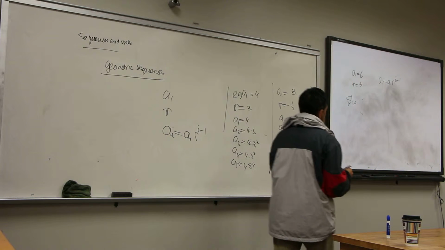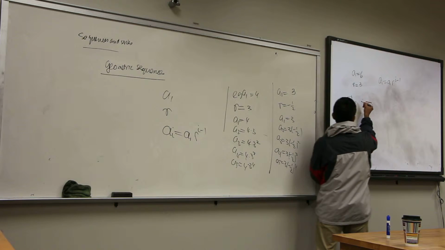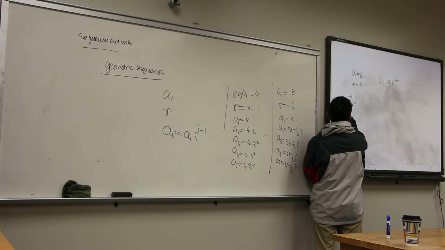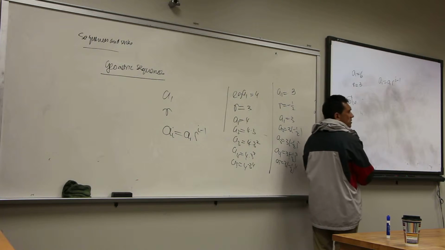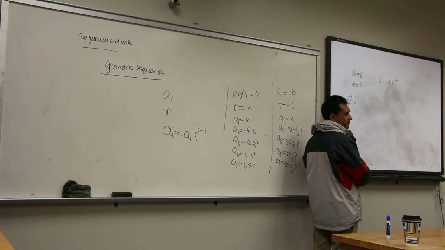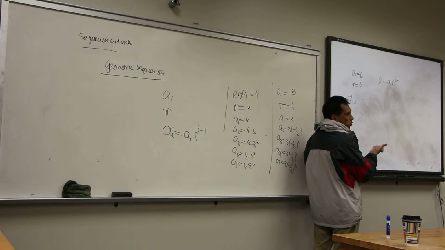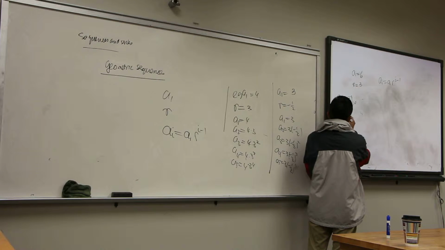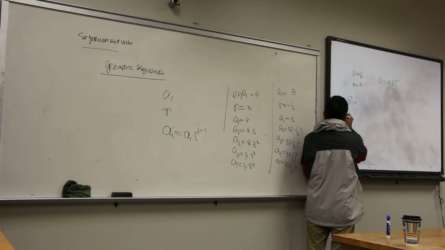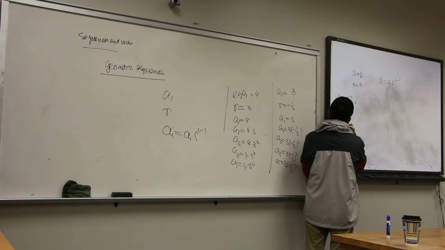If you were writing in series notation, you would say the sum of AI, I equals 1 to 10. And if you know your AI explicitly, you would say the sum, I equals 1 to 10. What is AI? AI would be A1, which is 6, times 3 to the power I minus 1.